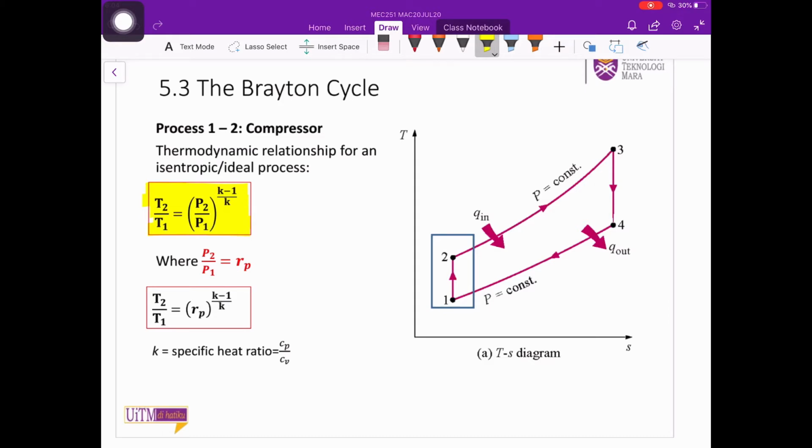This relation can be used to find the specific temperature or pressure. Note that Rp is the pressure ratio, P2 over P1, and k is equal to gamma, which is the specific heat ratio, Cp over Cv.